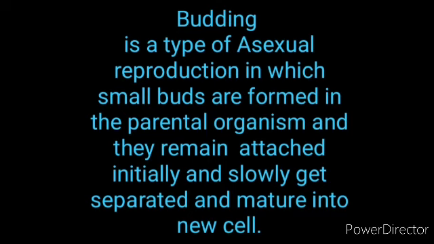Next, we discussed budding. Budding is also a form of asexual reproduction in which a new individual is produced as an outgrowth of the parental organism, and it is held for some time. Later, it is released from the parental organism, forming an independent identical copy of the parent.